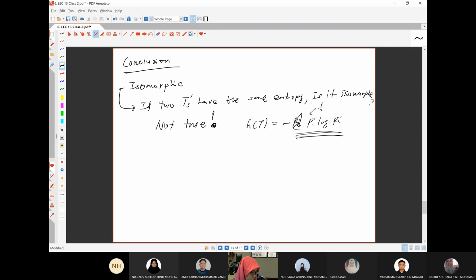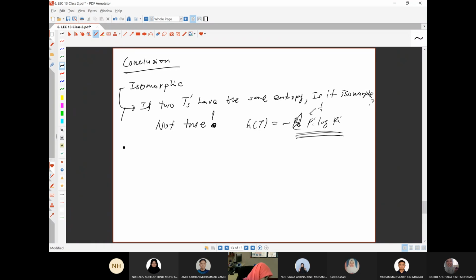Having the same entropy does not necessarily mean they are isomorphic. But if they are isomorphic, yes, they have the same entropy. Generally remember that: only if they are isomorphic can you have the same calculation. Otherwise it's not true.